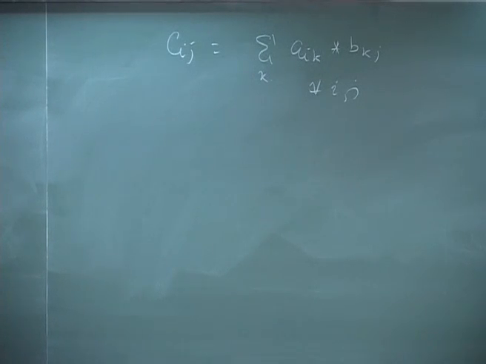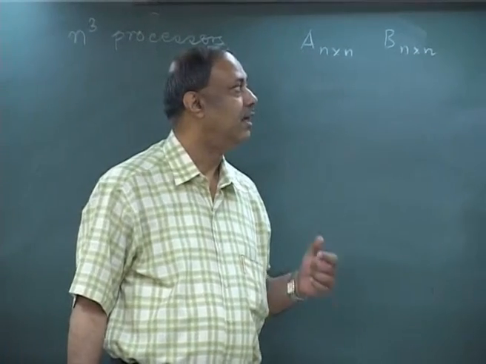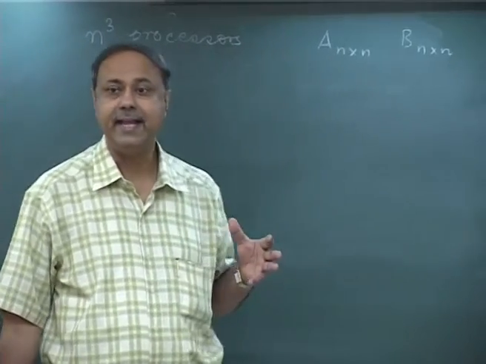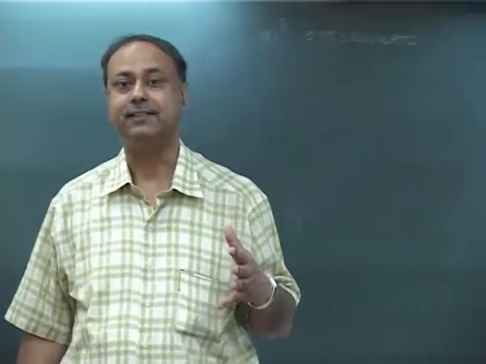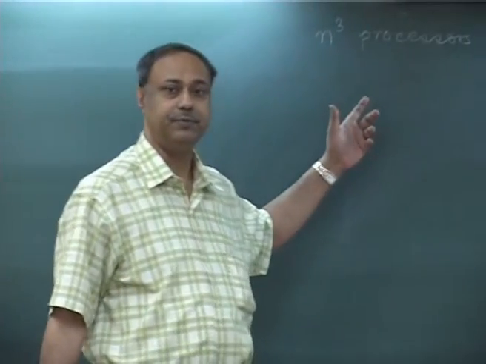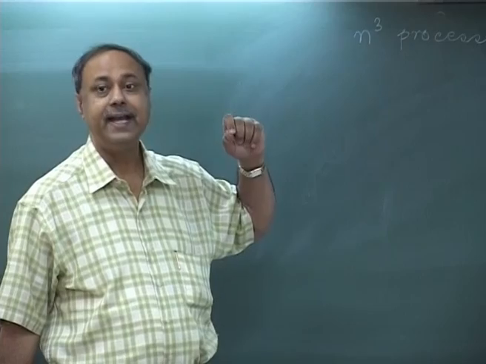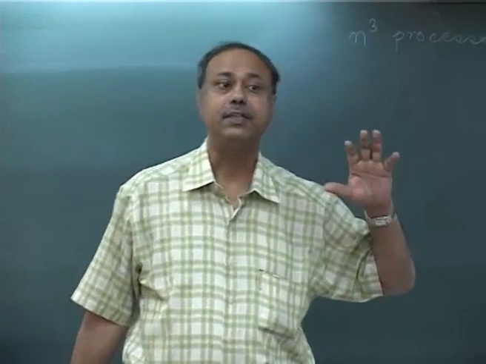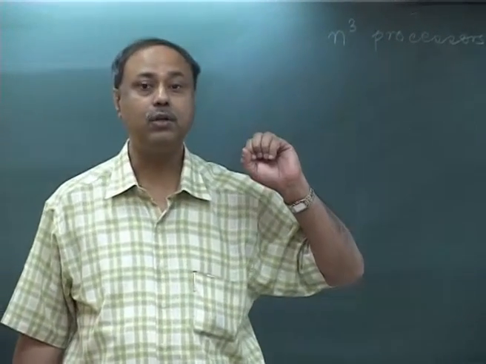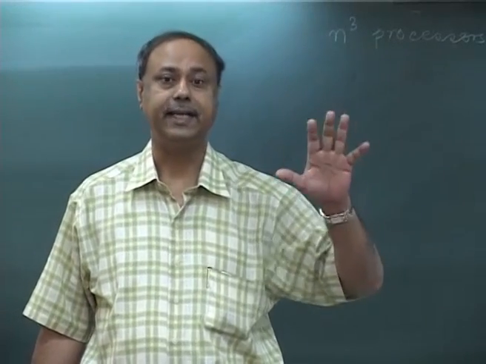Now what it did in the hypercube, the very simple idea, is that it broadcasted A over the n cube hypercube. That is, Aik has been broadcasted to all j.